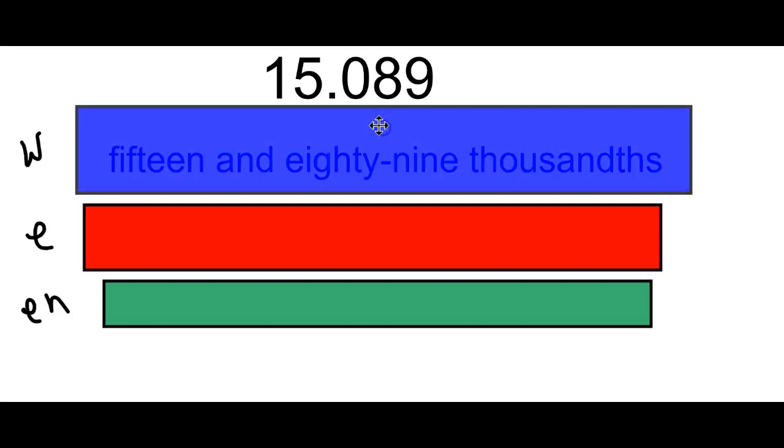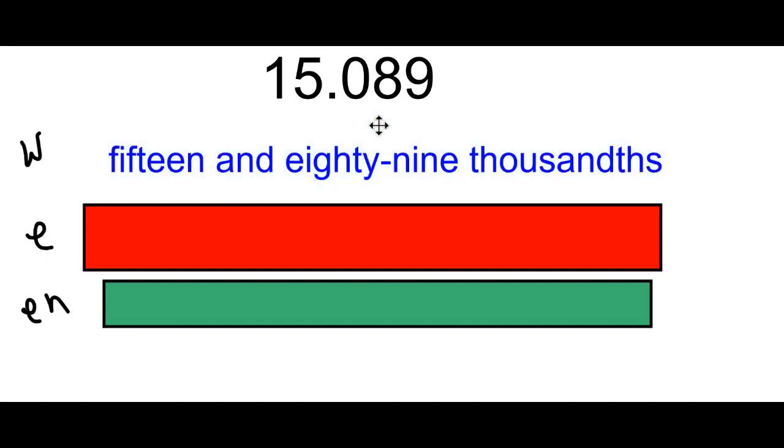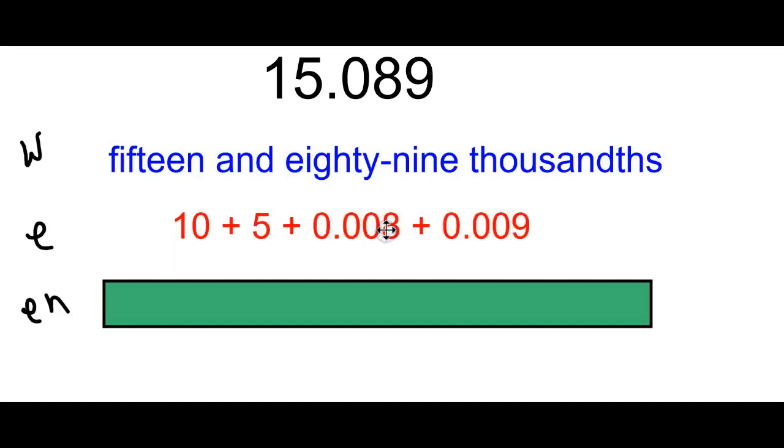Okay, here's what it should look like in word form. 15 and 89 thousandths. Then in regular expanded it should be 10 plus 5 plus, oh, sorry, little typo there. Sorry about that. Should be 0.08 for 8 hundredths, and then 9 thousandths.